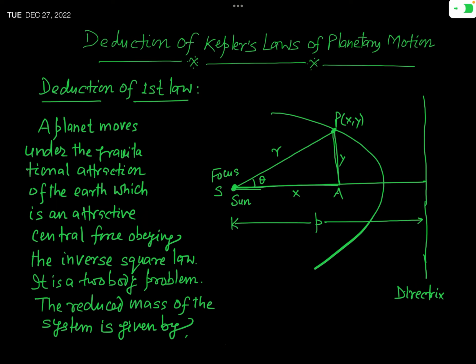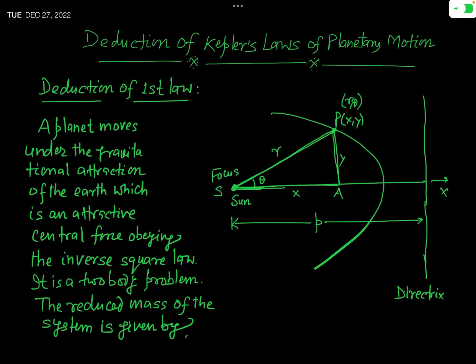The polar coordinates of this point are r, theta. Then SP is equal to r, and the angle made by SP with this horizontal line, which you can take as the x-axis, is theta.